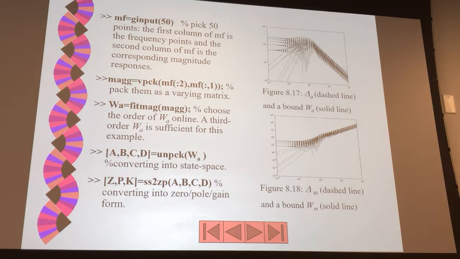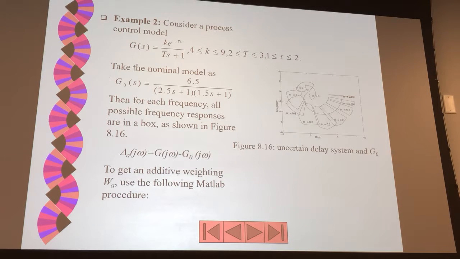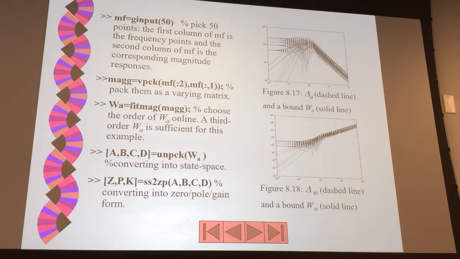So then you can get those delta M's. So these are the bounds. The solid one is the bound, the upper bound is here. Those delta M's are those dashed lines. Here you also have a bound. That's because of scanning different parameters in the interval; you will generate that. There are many different situations.